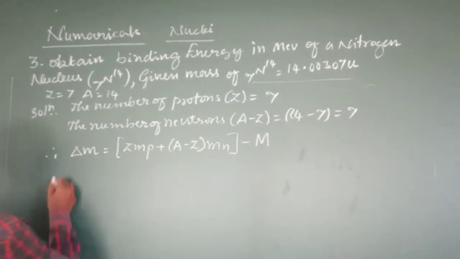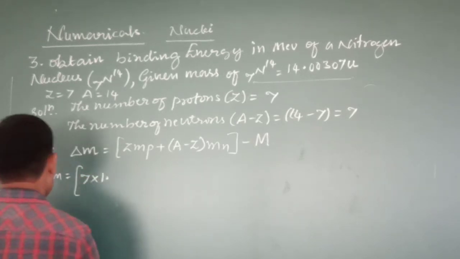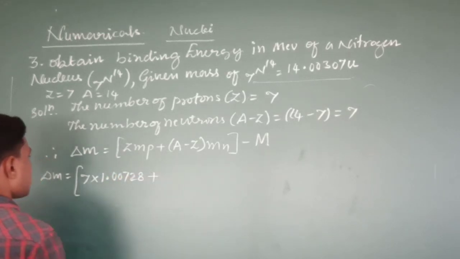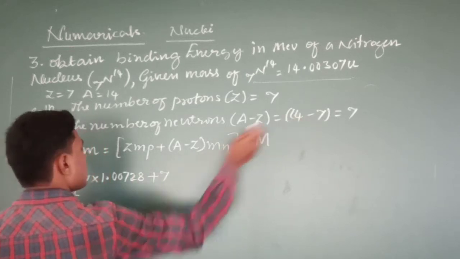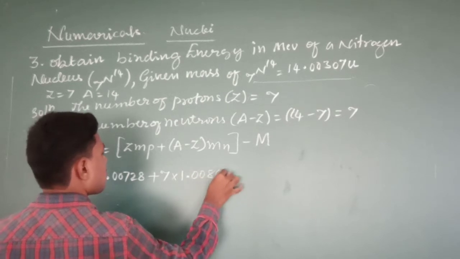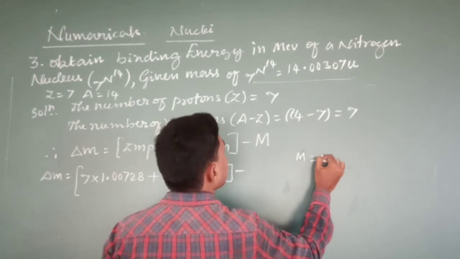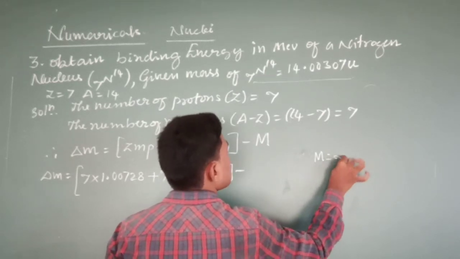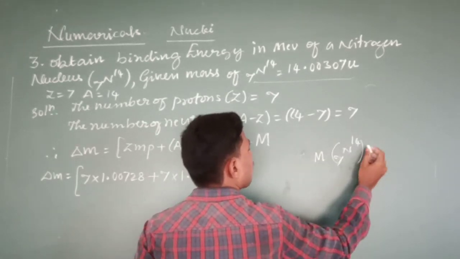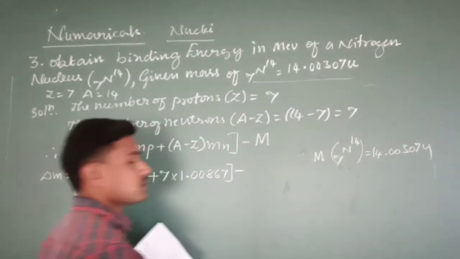Therefore delta M equals Z, 7, into the mass of the proton, 1.00728 atomic mass unit, plus A minus Z, that is 7, into the mass of the neutron, 1.00867 atomic mass unit, minus M. Here M is nothing but the actual mass of 7N14, that is 14.00307 atomic mass unit.